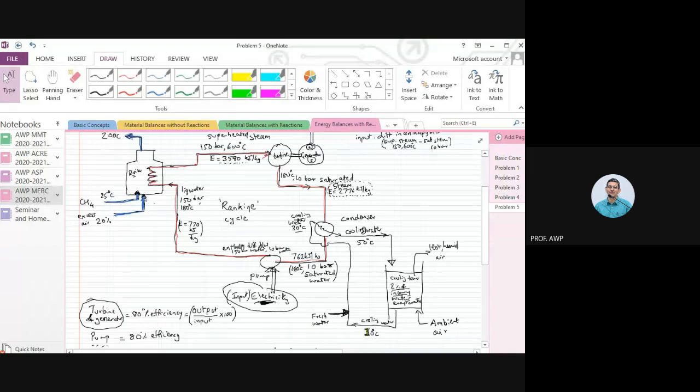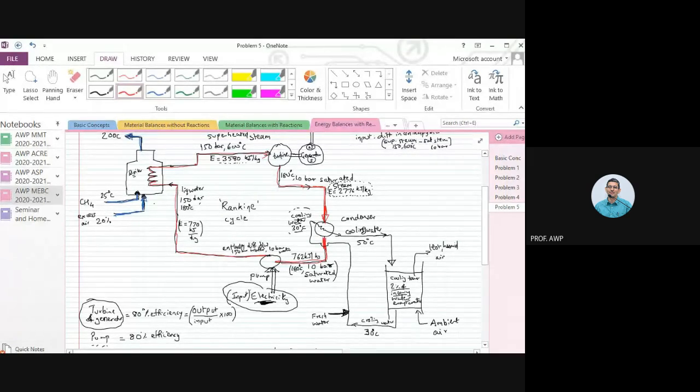Because this cooling water is an extra thing that we are consuming, right? As Arya was suggesting, rather than condensing it using cooling water, we could have preheated the methane and the air, and then used that to condense the steam and make it into liquid form. So their heat would not have been wasted.